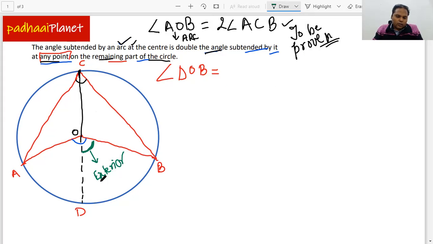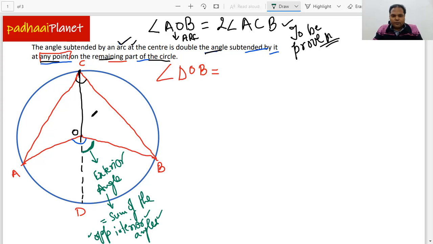Now we know that the exterior angle of a triangle is always equal to the sum of the opposite interior angles, right?